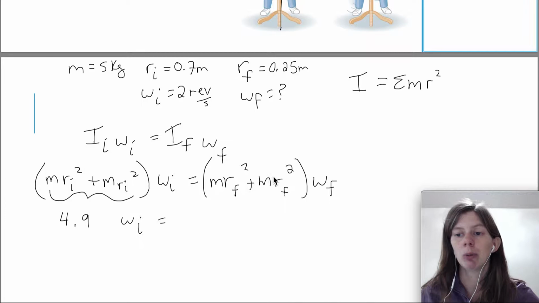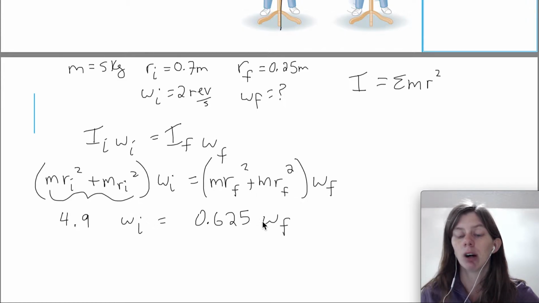And then the final moment of inertia, when I plugged in the 5 times the 0.25 squared plus 5 times the 0.25 squared, I got 0.625, which makes sense. The moment of inertia got smaller because the weights got closer to the axis of rotation.